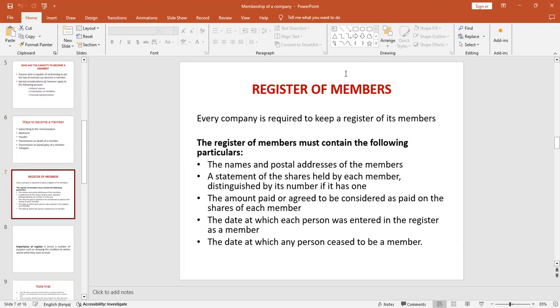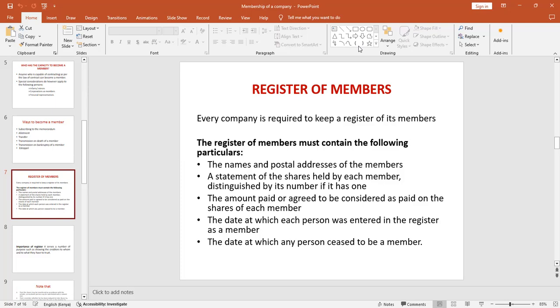So here's the thing. There is the register of members, and then there is the register of beneficial owners. Generally speaking, if you own shares in a company and your name has been put under the register of members, then of course you become a member.